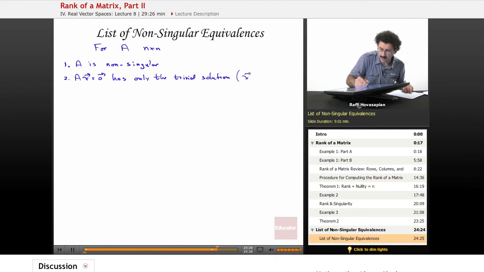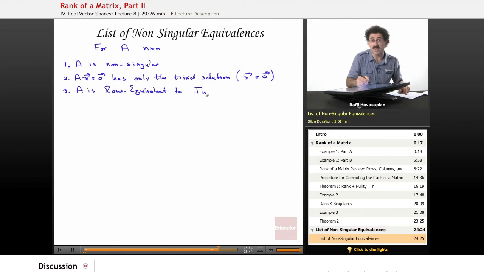And you remember the trivial solution is just 0, all zeros. 3, A is row equivalent to I sub n, the identity matrix. That's the one with all ones on the main diagonal, everything else is 0.